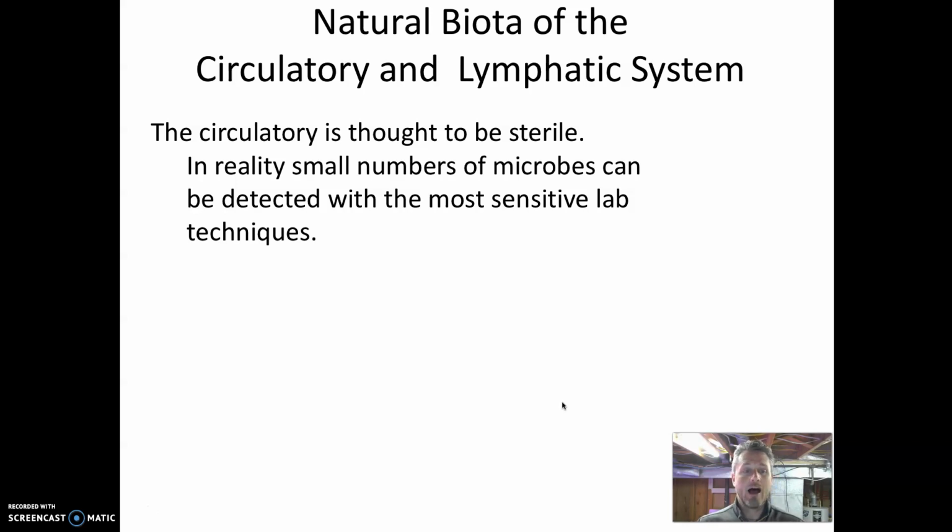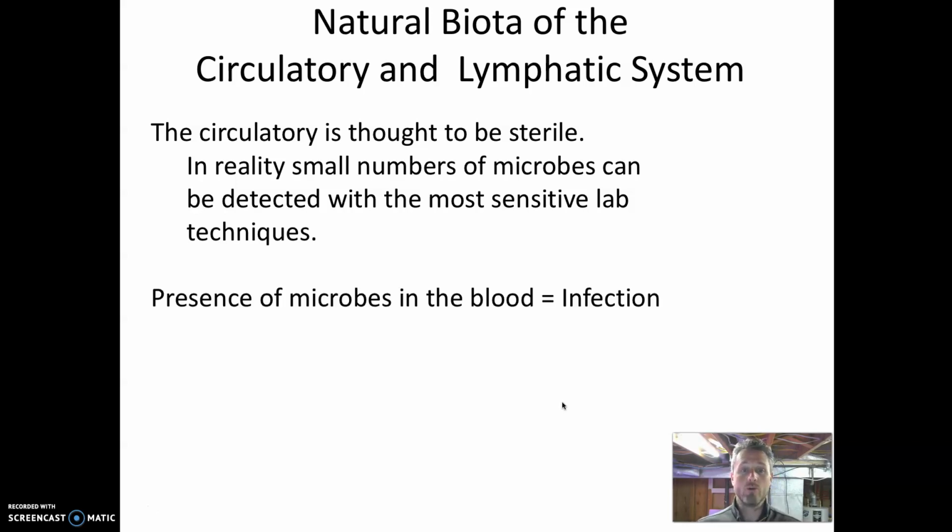All right? And so with that in mind, we know that any presence of microbes in the blood is by definition an infection, right? Remember, infection is inappropriate growth of microbes. So any microbes in the blood means that our blood is infected. And with that in mind, as we end, I just want to point out some terminology related to blood infections.